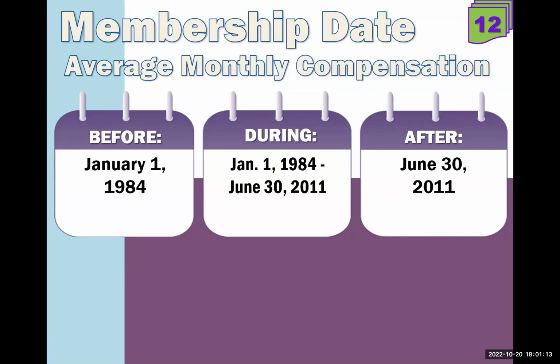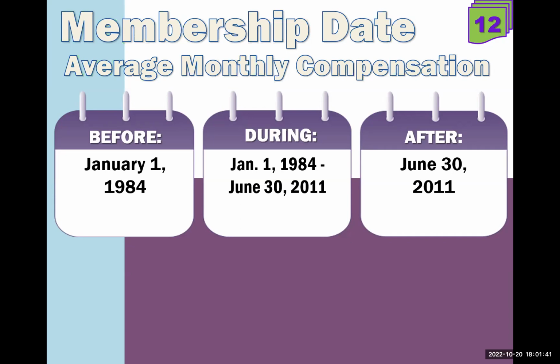And some began contributing on or after July 1st, 2011. Now, for all salary calculations, the ASRS goes back 10 years of contribution history from your termination date and takes an average of the highest 36 or 60 consecutive months of salary within that 10-year time frame, depending on your membership date.